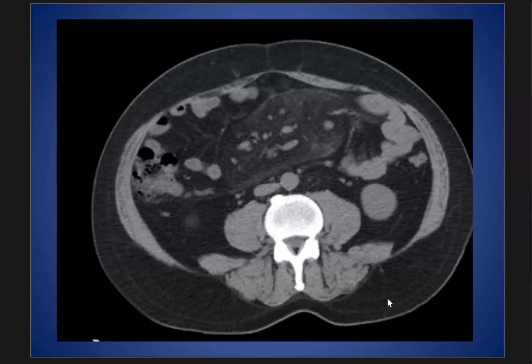The best diagnosis for this case is sclerosing mesenteritis. The abdominal CT scan is the most sensitive imaging modality, and the diagnosis is confirmed by surgical biopsy.